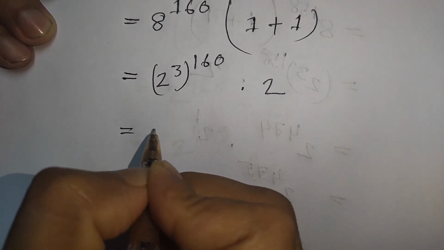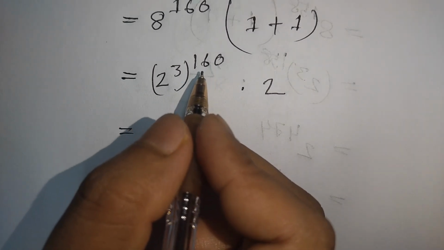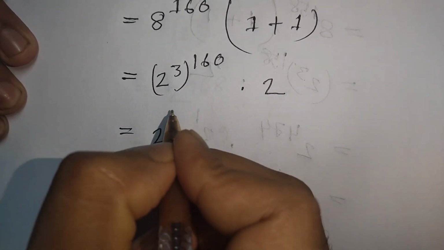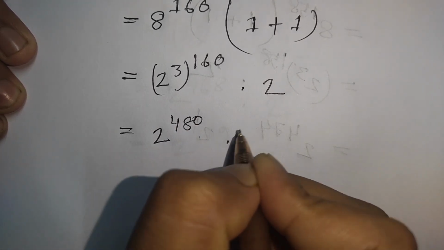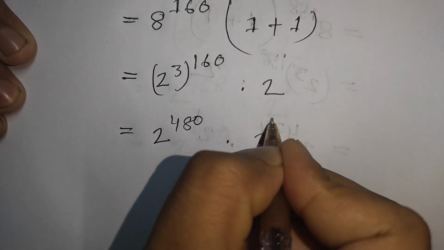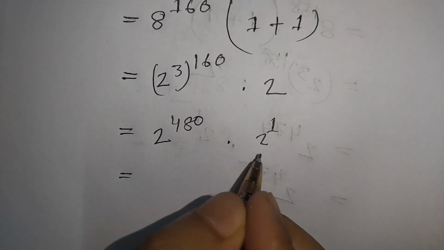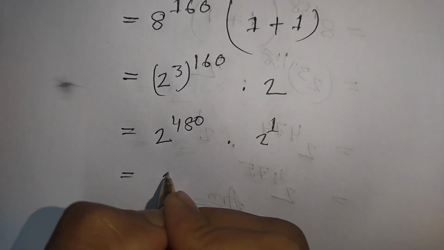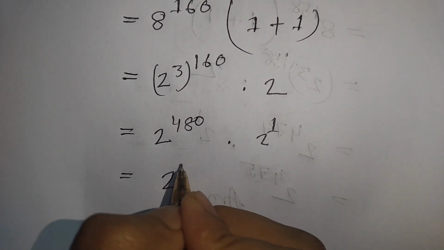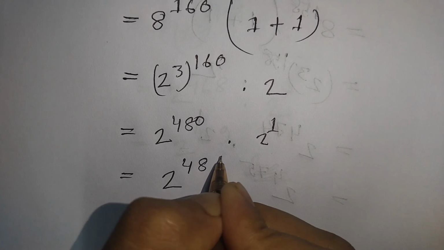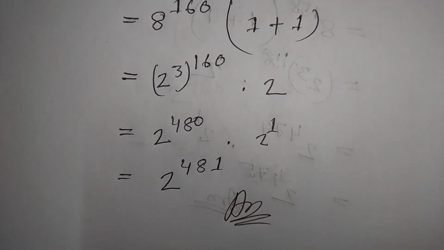Now 2 to the power 3 times 160 is 480, times 2 is the same as 2 to the power 1. Now we see that 2 has the same base but different powers. So you can write here 2 to the power 480 plus 1, that means 481. So 2 to the power 481 is the correct answer.